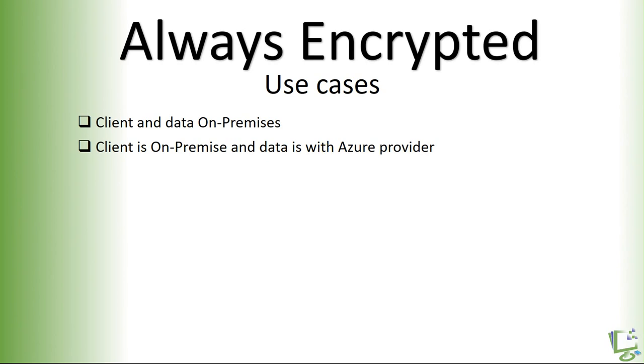Only the client that hosted its data on Azure can decrypt the data when it is received. So there can be multiple scenarios where Always Encrypted can be the best solution.